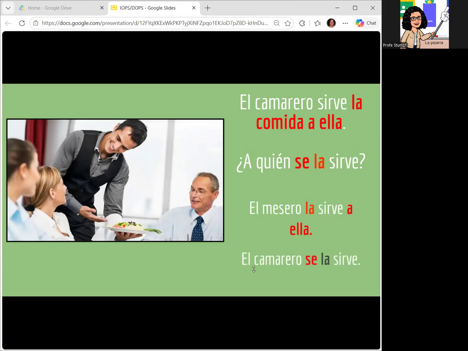So it would be el camarero se la sirve. There is a rule in Spanish that if you have le and les in front of la, las, lo or los, you have to turn that first indirect object pronoun to se. And that is what's happening here. So eventually the students are going to do that naturally.